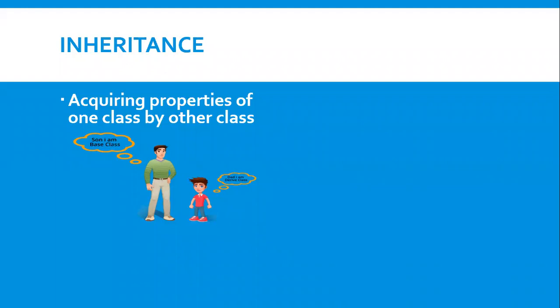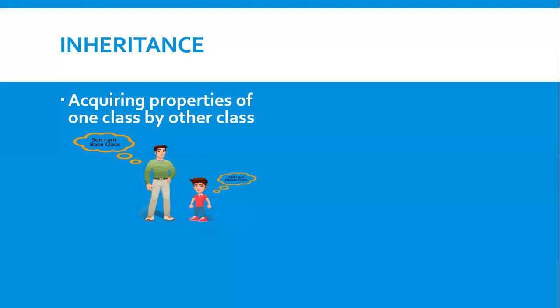Why? Because son is derived from father, right? So son may exhibit some similar properties of father, like son's eyes may look like his father's, or son's walking style or writing style may look like his father's.